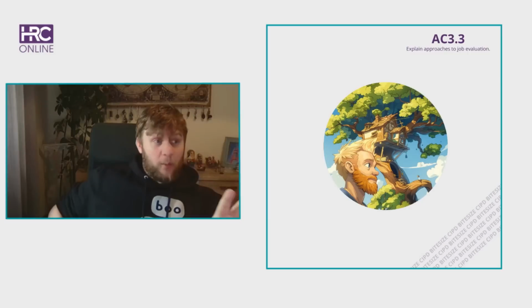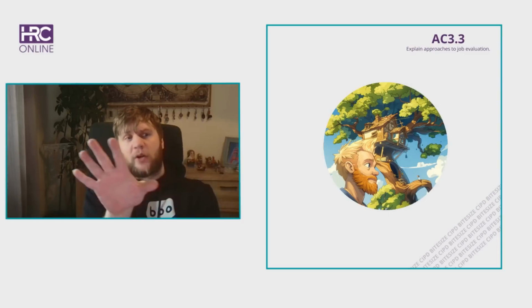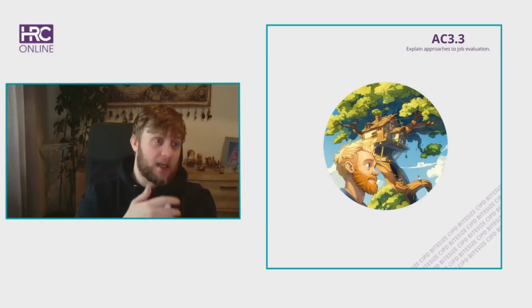There are two main ways to approach it. From a judging perspective, we might do a showcase approach. We might do a ranking. All the tree houses are lined up, and the judges simply pick the one that wows them the most. This is similar to a ranking method in job evaluation, where all the jobs are compared overall and placed in a hierarchy based on perceived importance and difficulty.